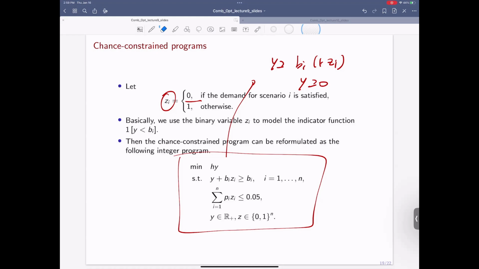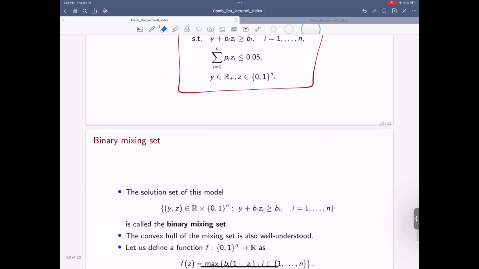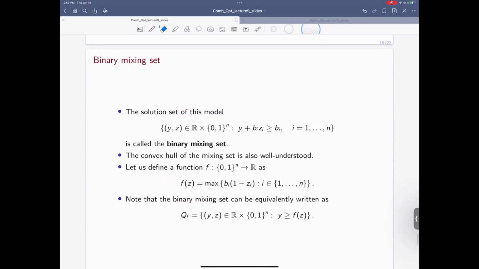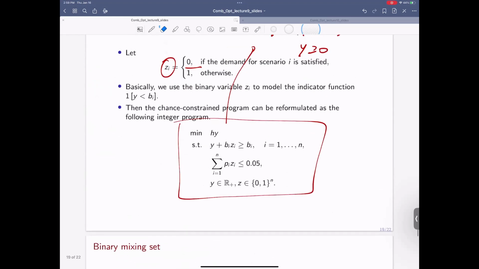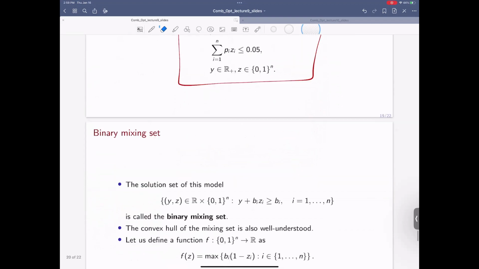It is known to be a difficult problem. So what people have noticed is the following: can we add some strong inequalities to strengthen this formulation? That's what people have been trying to do.